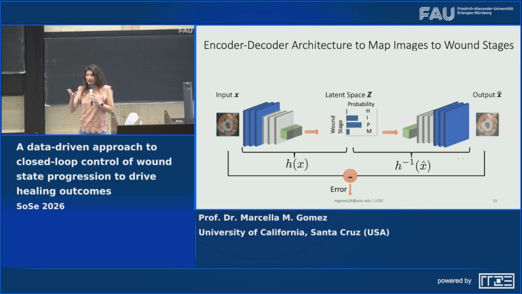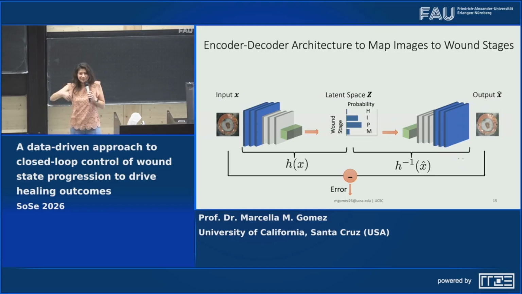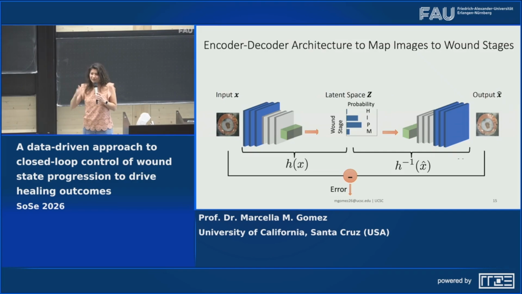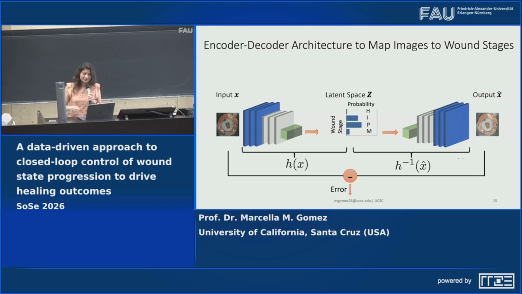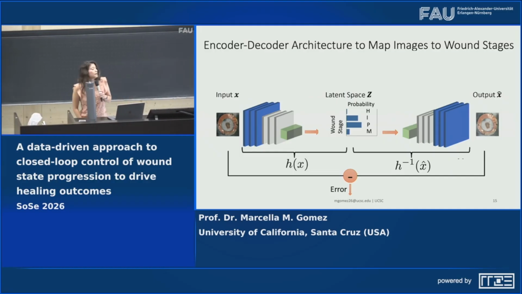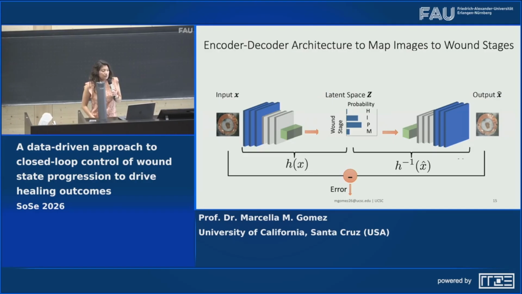Which is why we have to optimize both at the same time. At the same time that we learn the parameters of the linear model, we also are training the encoder-decoder. So basically, that means guiding the design of the specific latent space that we want, that we can then interpret as the wound healing stages. Yes, those are all neural networks, yes.